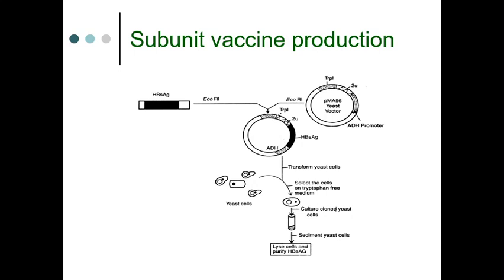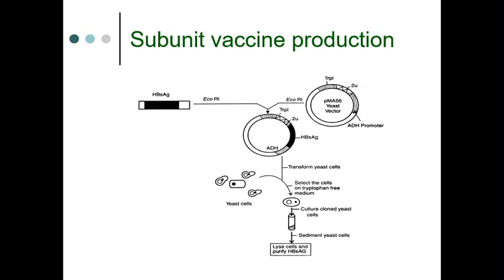Here is an example of production of subunit vaccine against the hepatitis B virus subunit antigen. The antigen of choice, that is the strong domain of the hepatitis B virus, is chosen, shown on the extreme left hand corner as a gene segment, which has the restriction site on either end as EcoR1.